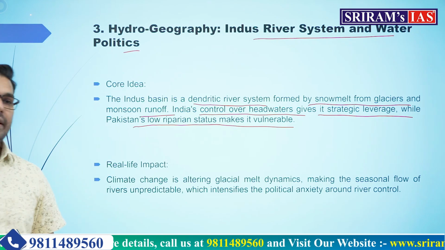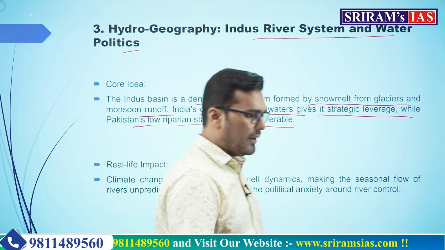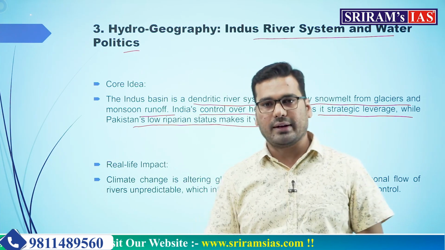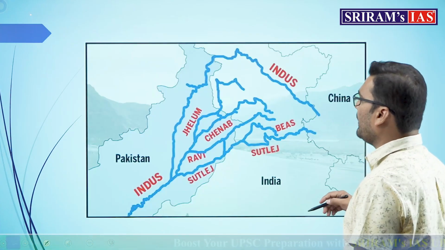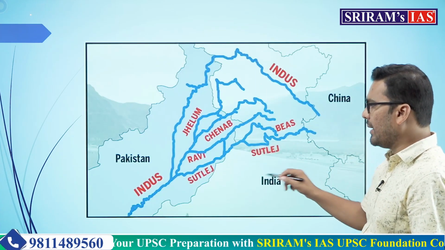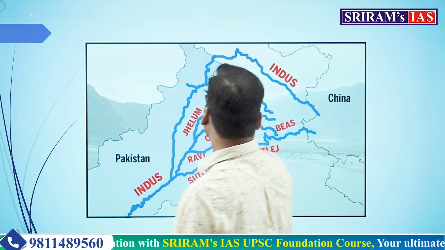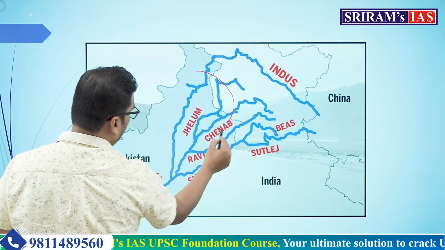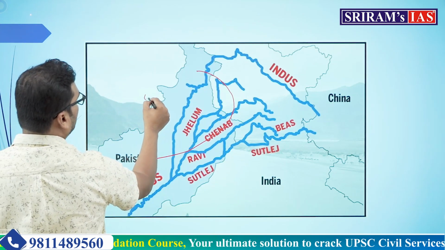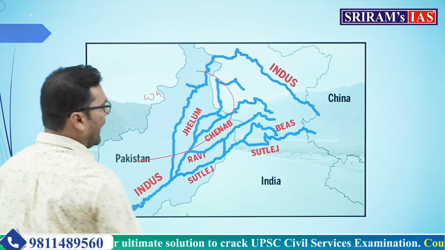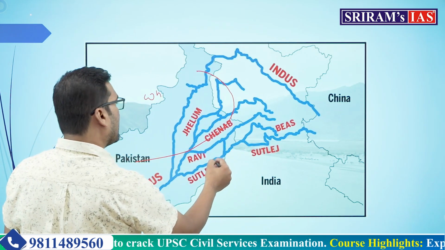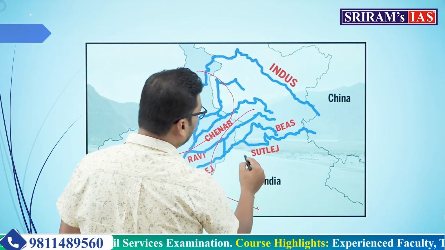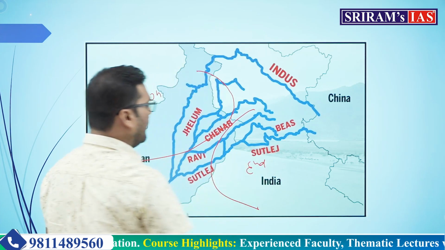In 1960, under the leadership of the World Bank, there was an agreement that okay, we will divide this water. How do we divide it? Let's understand. Of these Indus, Jhelum, Chenab, Ravi, Vyas, Satluj, the 3 rivers Indus, Jhelum and Chenab were considered western rivers, and Ravi, Vyas, Satluj were considered eastern rivers.